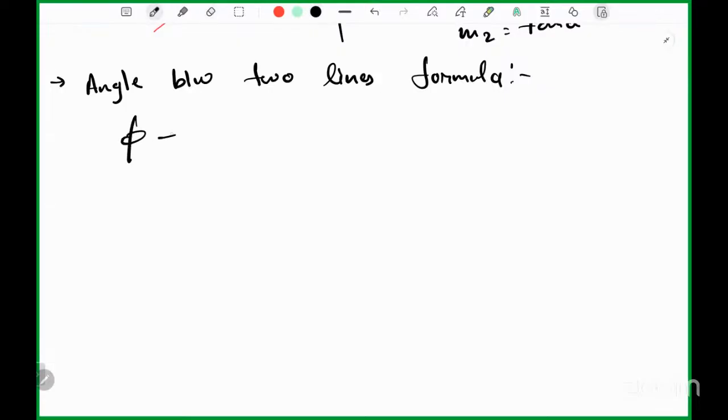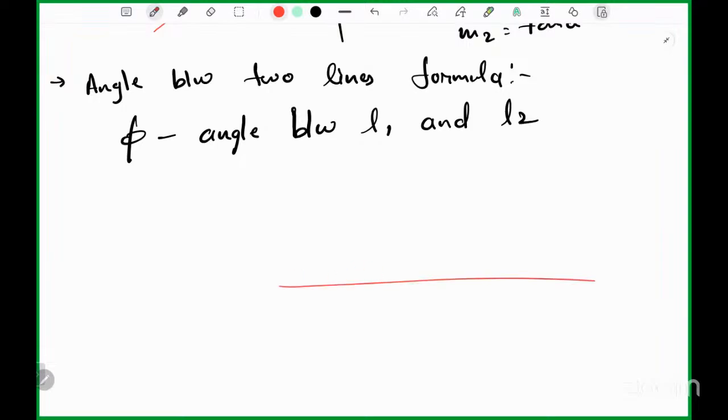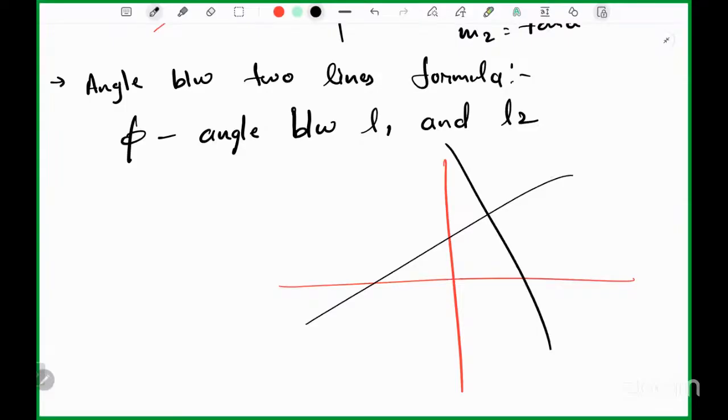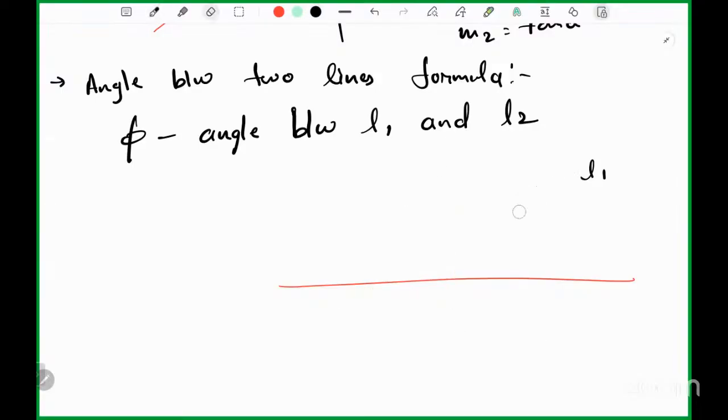Suppose phi is the angle between the lines L1 and L2. What angle are we considering? We are considering this particular one. So suppose we have these two lines L1 and L2, then what will be the angle between them? That is this particular phi. So this angle we want to find out.